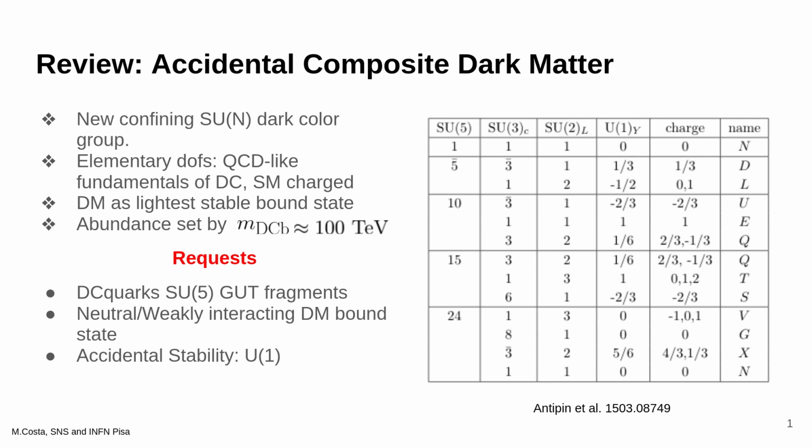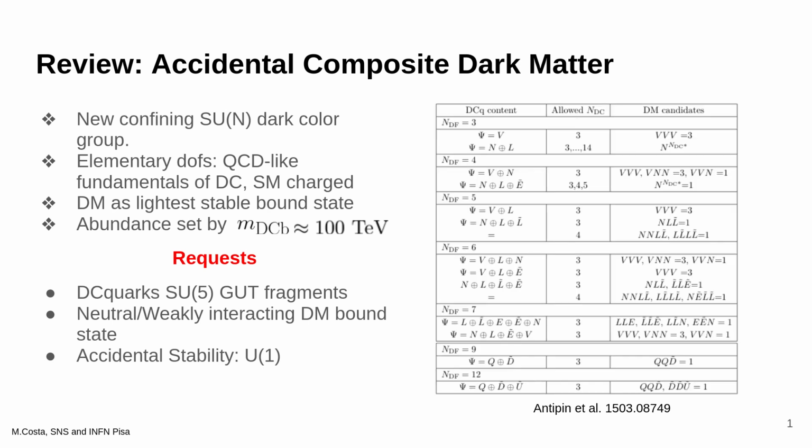Then they asked for the dark sector to have a neutral or at most weakly interacting dark matter dark baryon to avoid phenomenological bounds, and then they also asked the bound state to be accidentally stable, thanks, for example, in these kinds of SU(N) based models, to a U(1) which corresponds to the dark baryon number.